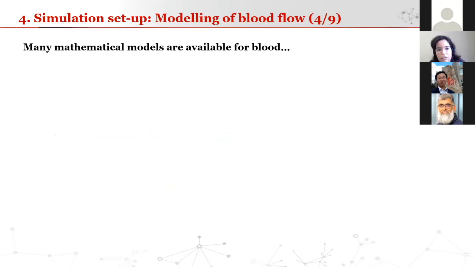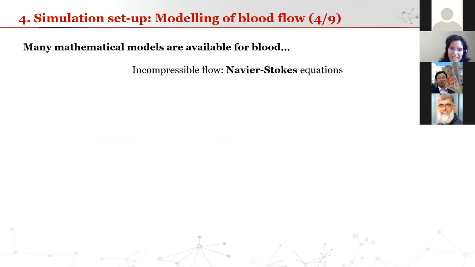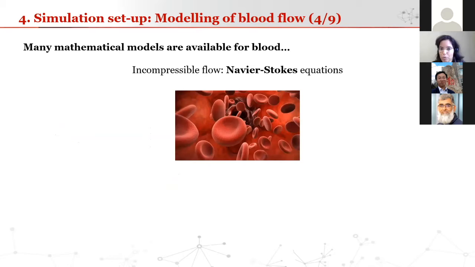To model blood flow, there are many different types of models. I'm not going to go into detail on this, but basically we modeled blood using the governing equations, which are the Navier-Stokes equations. And then, as you may or may not know, blood is a soup of different components. So we have different things hanging in there, and their behavior affects the material properties of blood.